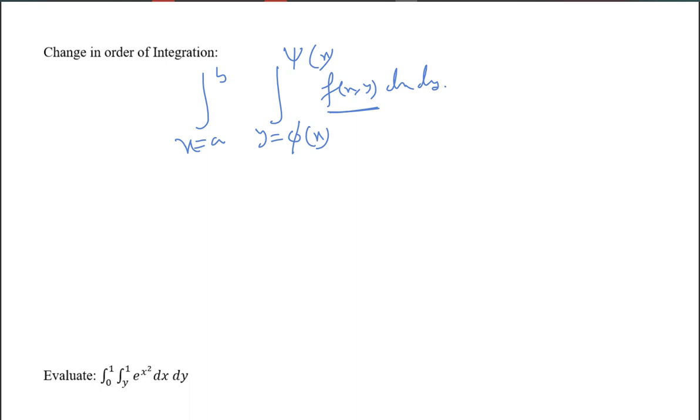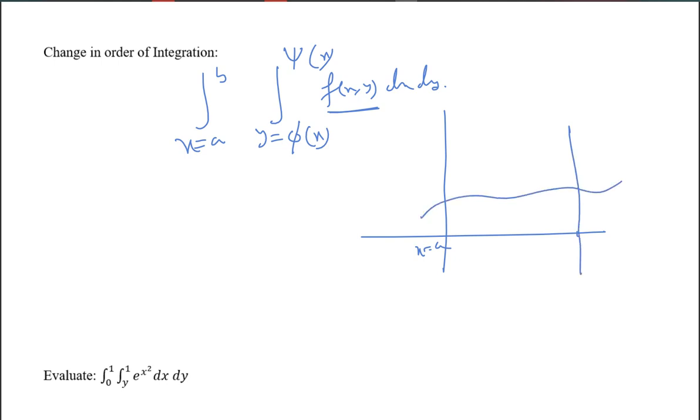So suppose x is equal to a to b, and the y function is something like this. This is y is equal to phi x, and this is y is equal to psi x. You have to integrate in this region. Here I am representing x from a to b, then y varies from here to here.